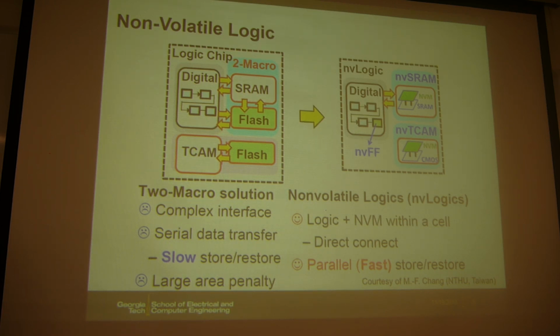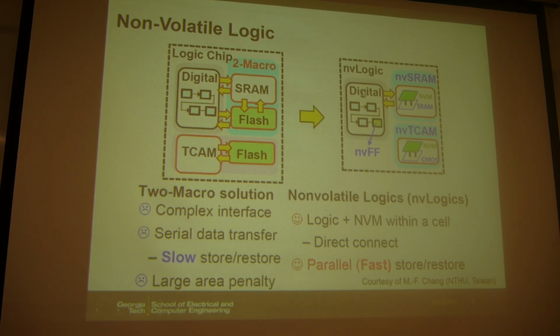Those are the memory to store your data in the logic. And we're trying to have a non-volatile version of that, so-called NV SRAM or NV flip-flop. And also in the logic, sometimes you have this so-called TCAM cell. We're going to discuss that later. This is content addressable memory, and you can have a non-volatile version of that as well.